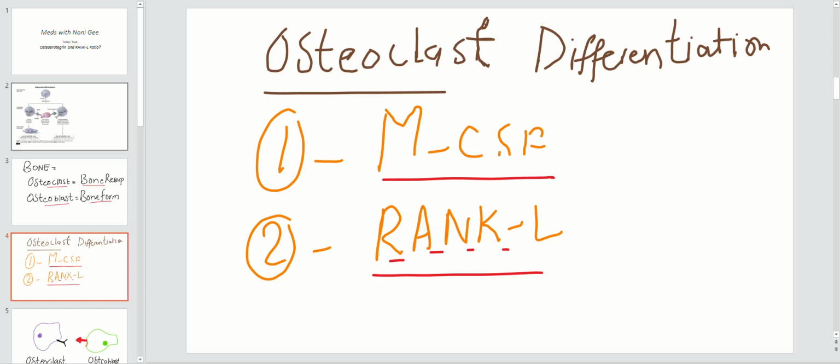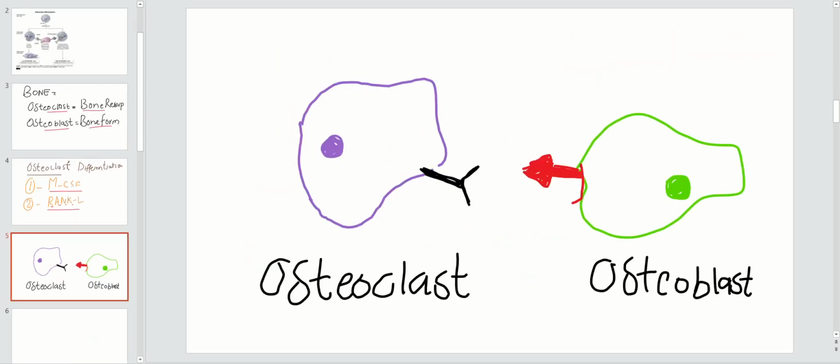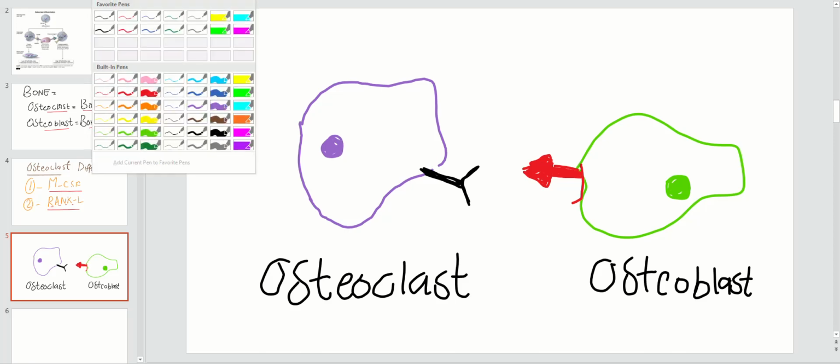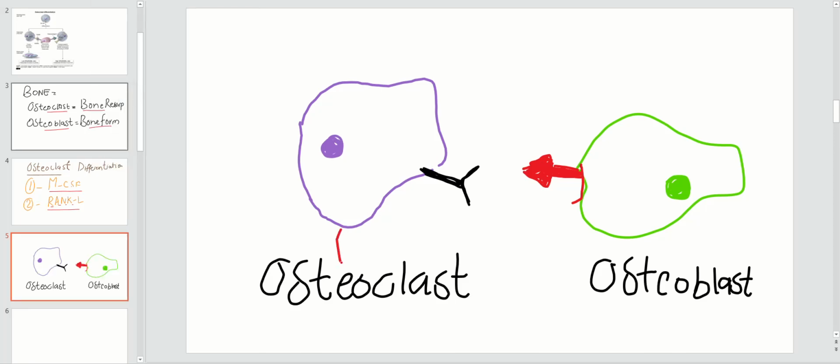Okay, now I want you guys to know where RANK ligand is present and where is the receptor for the RANK ligand. So over here I drew a picture for you guys. This is your osteoclast, and this black one is your RANK receptor.